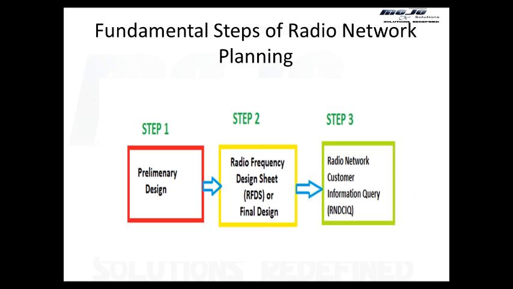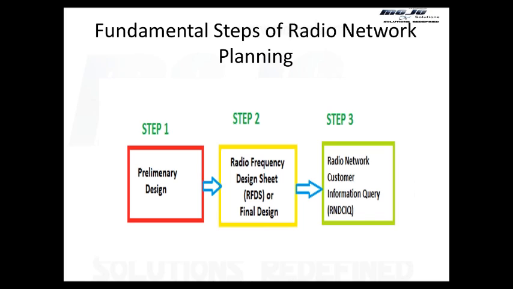Design and planning in RF engineering are used interchangeably. When you go further, you will find some companies have separate design and planning departments, but it's very rare. Design and planning are basically used interchangeably in RF engineering.